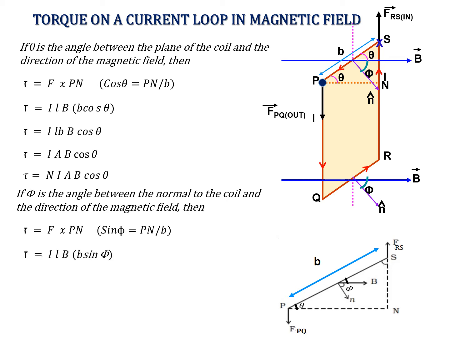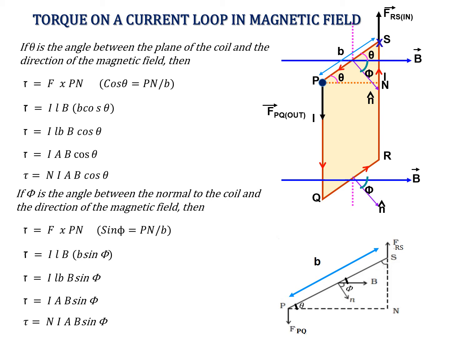So torque will be ILB into B sine phi, and this expression can be simplified to IAB sine phi. For N turns, we can write torque as NIAB sine phi.